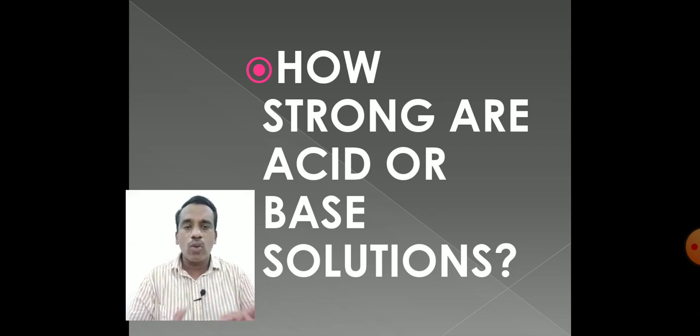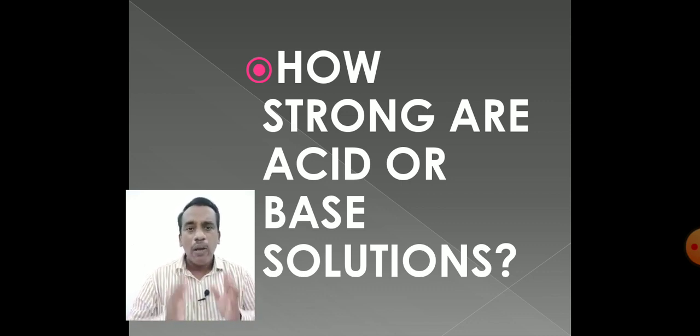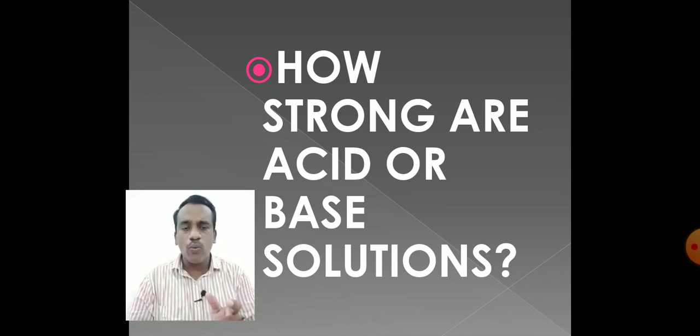So based on this topic, we got this very important question: how strong are the acid or basic solutions? Whenever we get the word solution, it means the acid is dissolved in water or the base is dissolved in water.